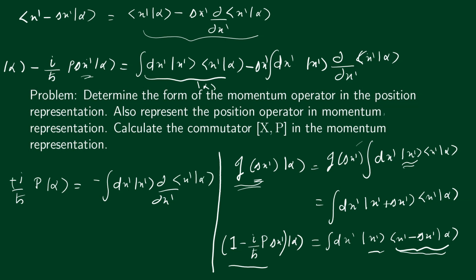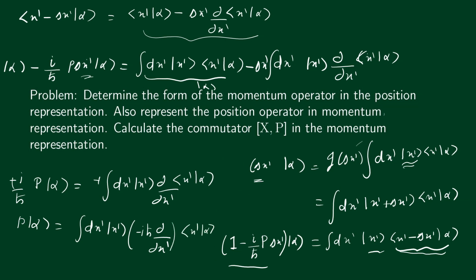So this minus goes. What we need is p, so we can multiply throughout by minus i h bar to give p acting on ket alpha is equal to integral dx prime ket x prime times minus i h bar partial derivative with respect to x prime of bra x prime ket alpha.